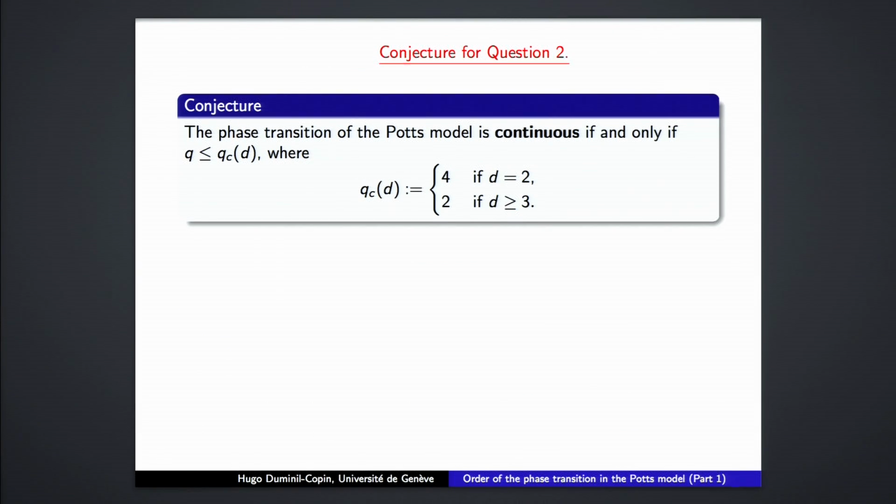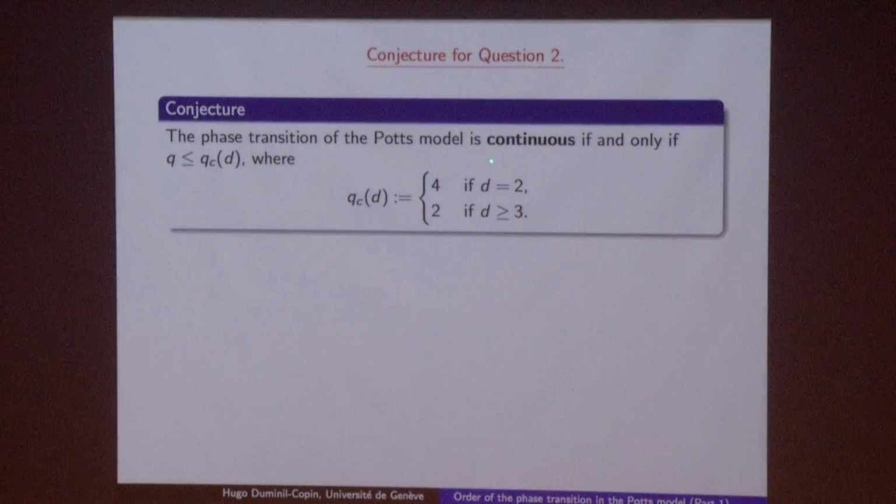Before I proceed further, let me tell you what is the conjecture for question 2. So whether at criticality you have zero magnetization or strictly positive magnetization, whether you have symmetry breaking or not. The conjecture is very nice, to my opinion: the phase transition is continuous or not depending on the number of colors.